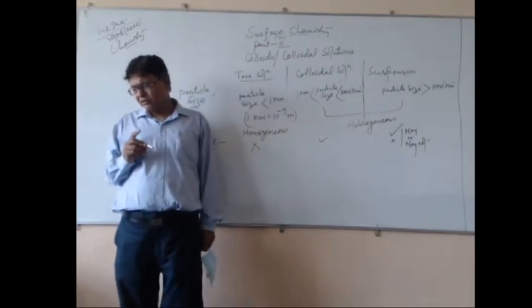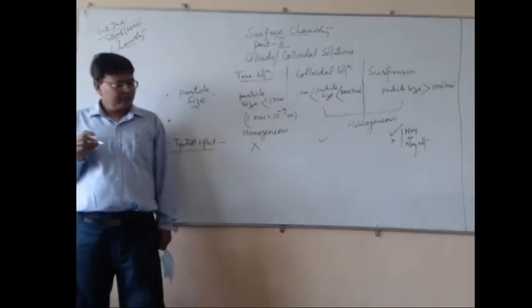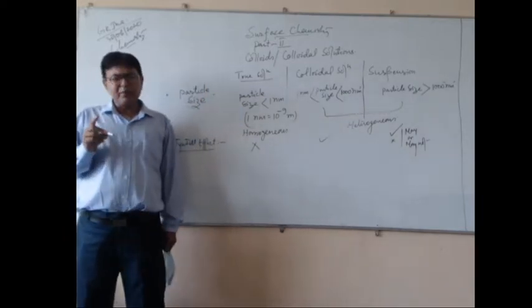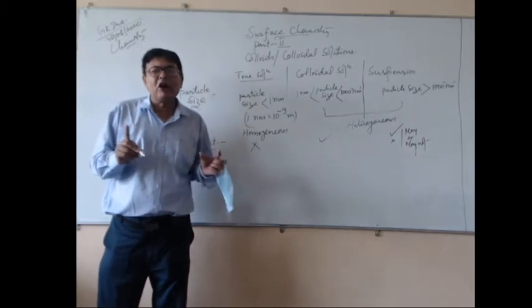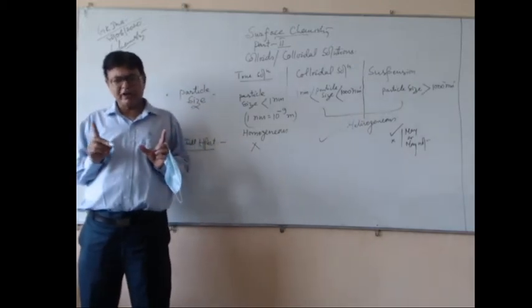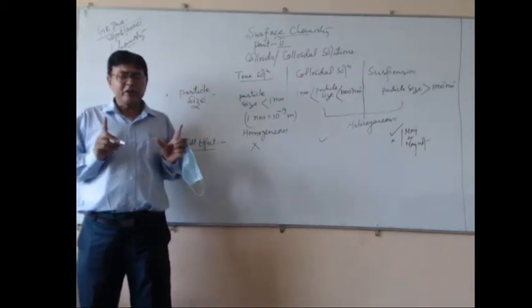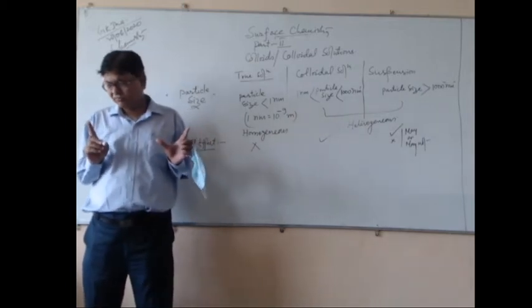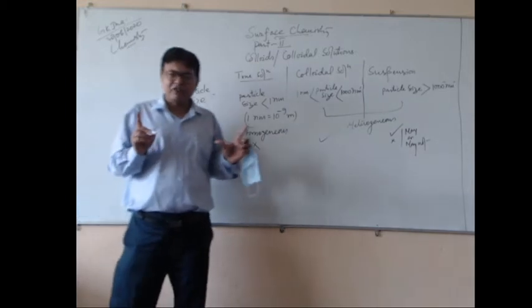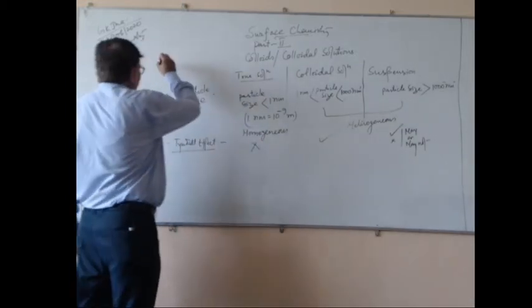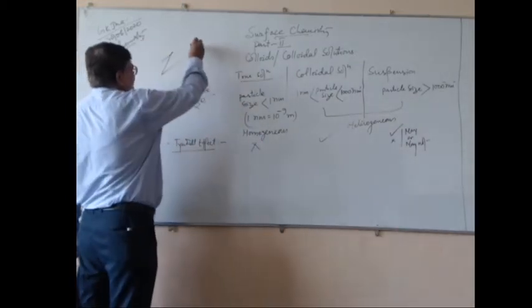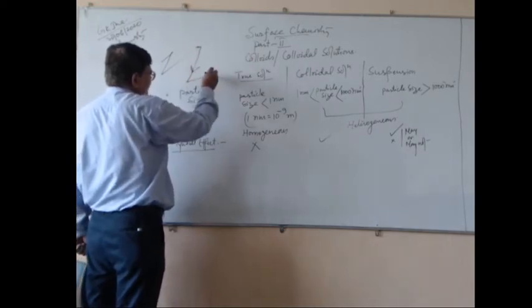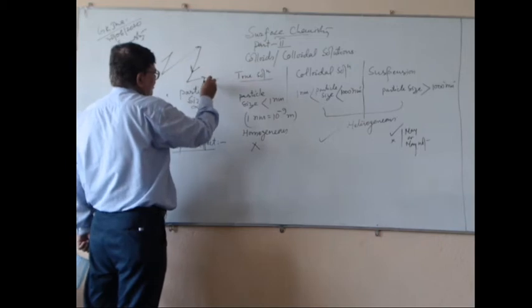This has been found that in a colloidal solution, colloidal particles are in Brownian motion, that is, they adopt a zigzag, irregular path, something like this.